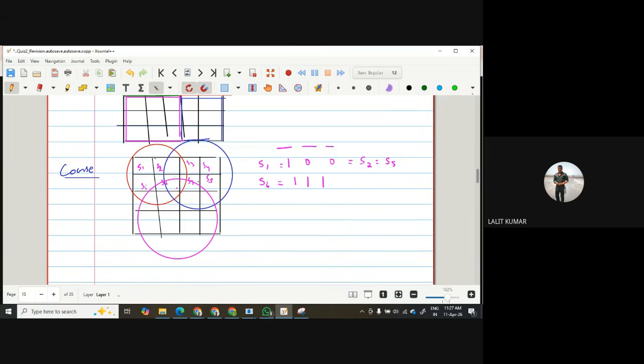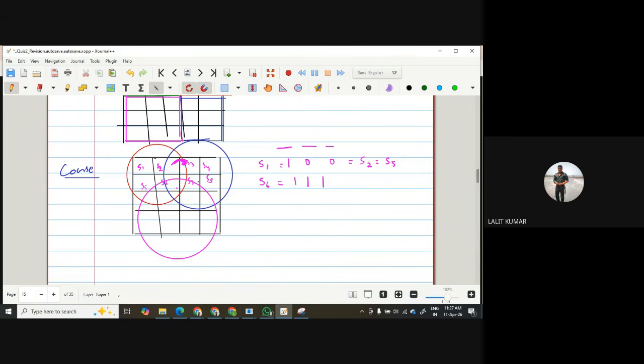Here, when an agent jumps from here to here, S2 also has both circles and S3 has both circles, so when it is jumping there is very little change. So it can handle this.